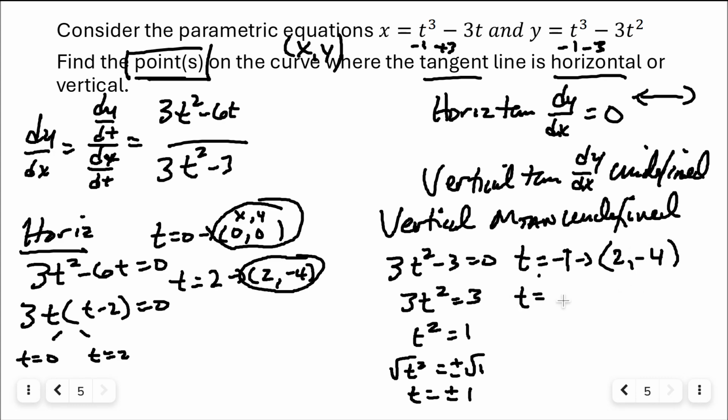And then if t equals 1, I get 1 minus 3 is negative 2, and I plug this in and get 1 minus 3 is negative 2. Okay, and that's it. And as always, thanks for clicking.